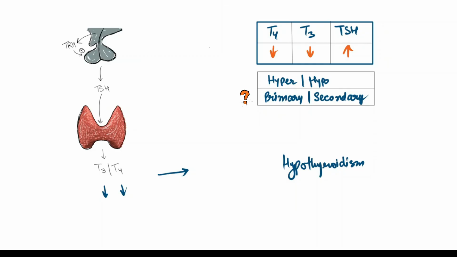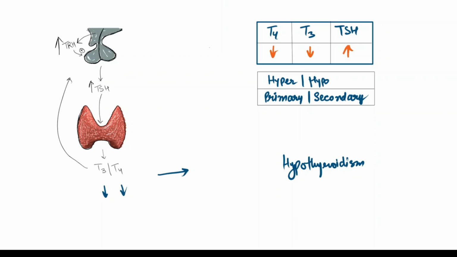Whether it is primary or secondary hypothyroidism: in this condition, because of decreased T3 and T4 level, the pituitary, the higher center, senses this decreased level of T3 and T4 in the periphery, and ultimately increases the production of TRH and increases the production of TSH.